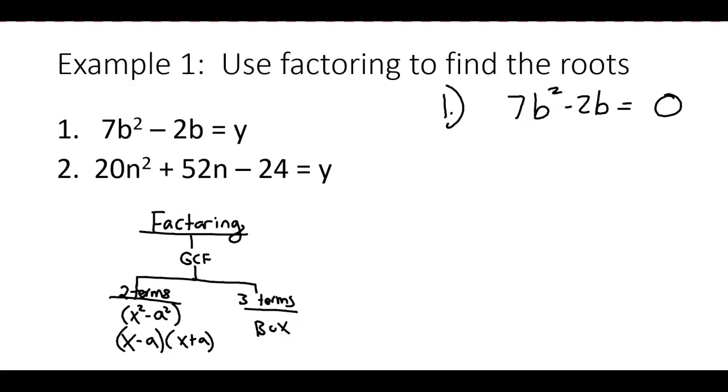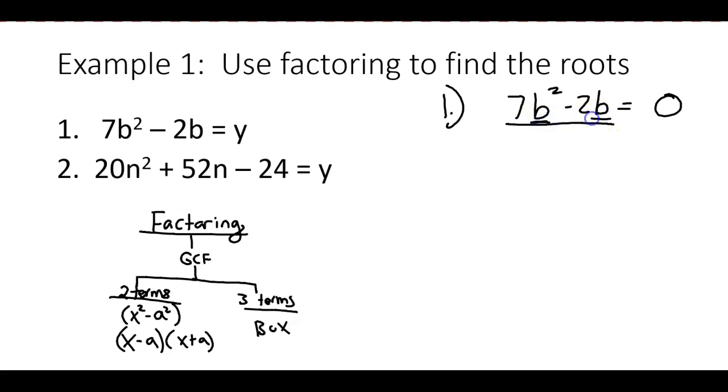Okay, so you always start by looking for a greatest common factor. So you ask yourself, do these 2 things have anything in common? You're going to look at the coefficients first. So 7 and 2. Is there anything that you could divide out of 7 and 2 that they would have in common? No. So we'll skip that. Then you look at the variables. This guy has b squared, which means there's 2 b's there.